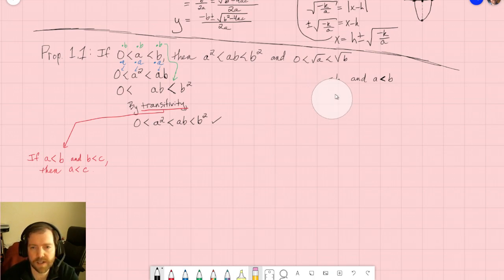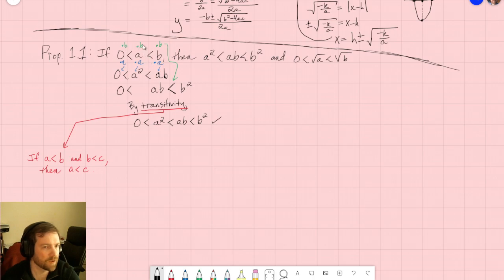So in this case, we've shown on this side that if we multiply each part by a, then we get 0 is less than a squared is less than ab.